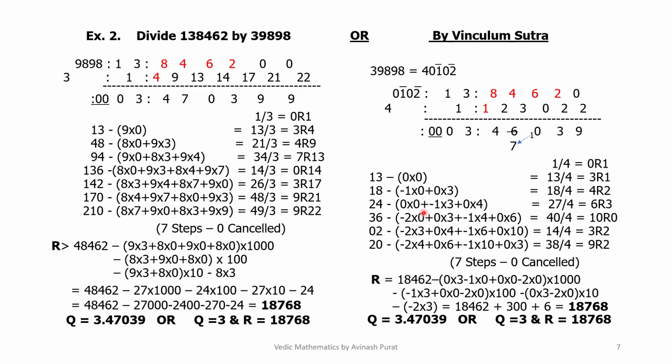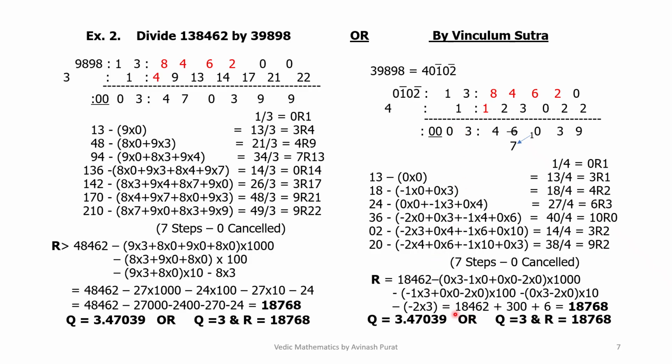So remainder is 18462 minus 0 into 3 plus minus 1 into 0 plus 0 into 0 plus minus 2 into 0, multiplied by 1000, minus 1 into 3 plus 0 into 0 minus 2 into 0 multiplied by 100, minus 0 into 3 minus 2 into 0 multiplied by 10, minus minus 2 into 3.